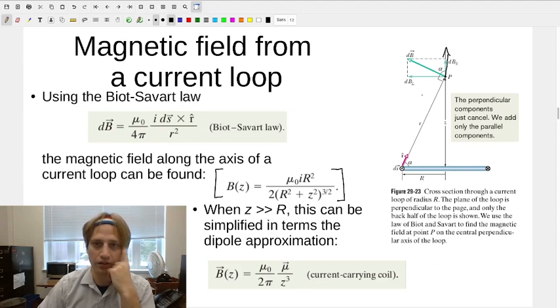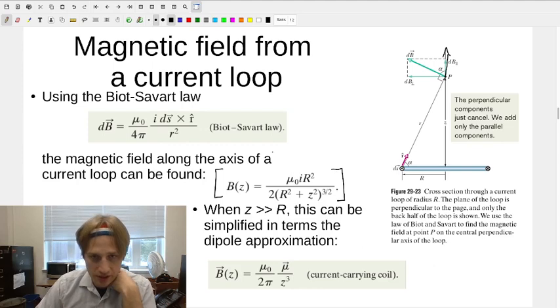So this expression here includes I, that's the current going around the loop. It includes R, that's the radius of the loop itself. And it includes Z, which is how far away from the loop you are, the point of interest where you're actually measuring the magnetic field.